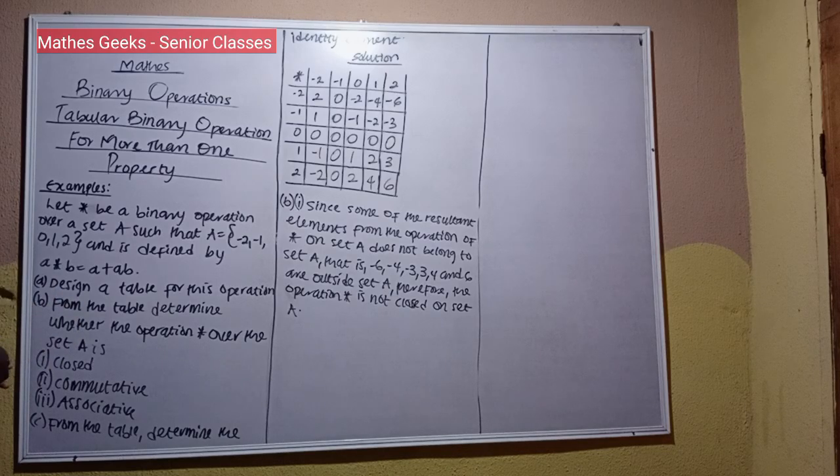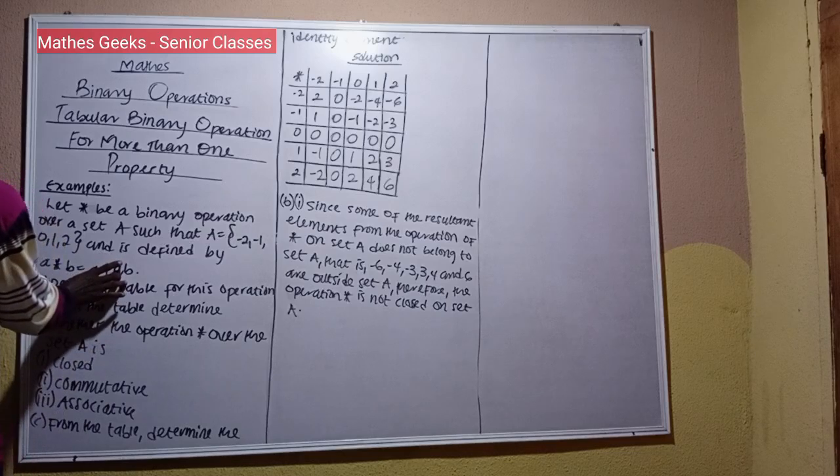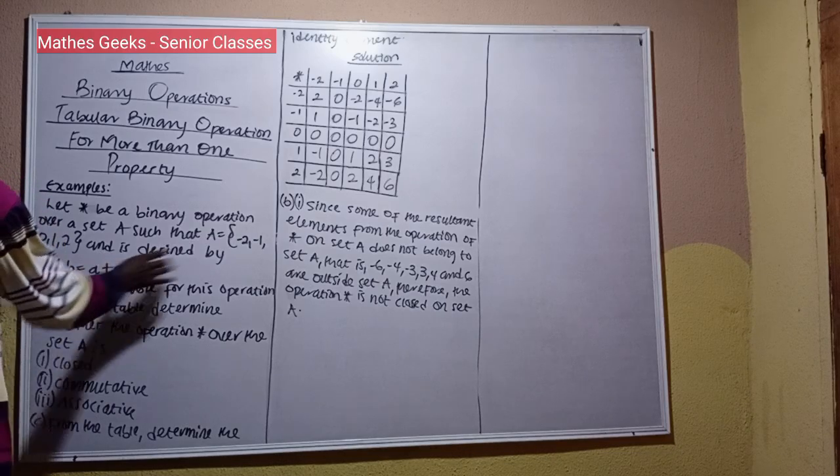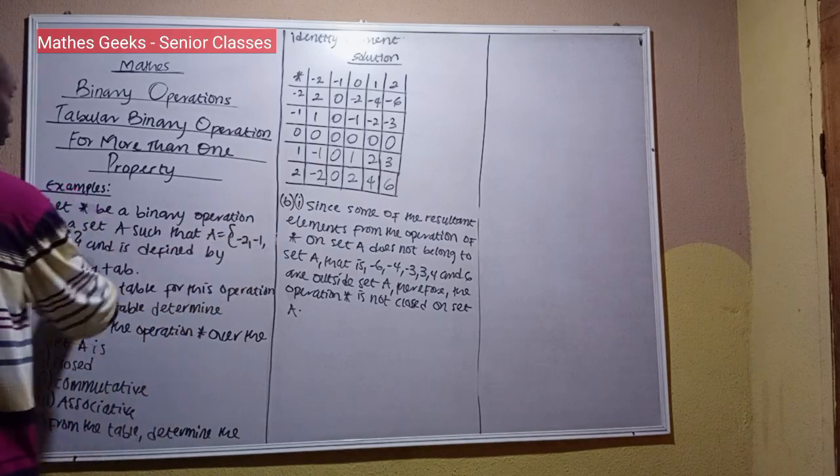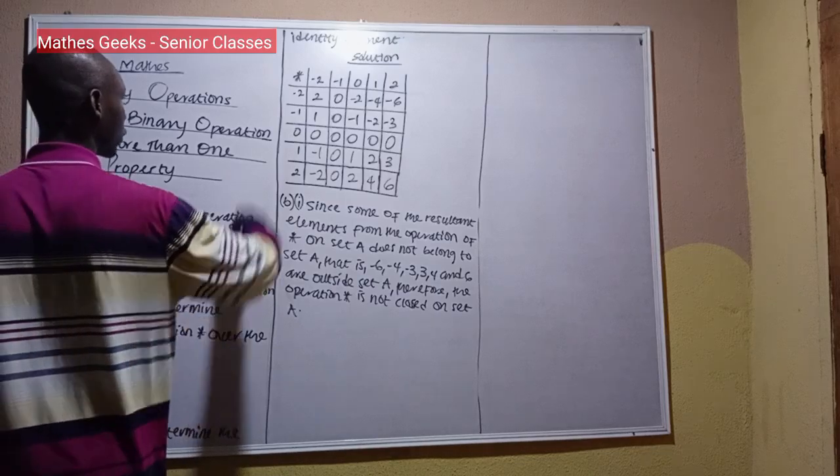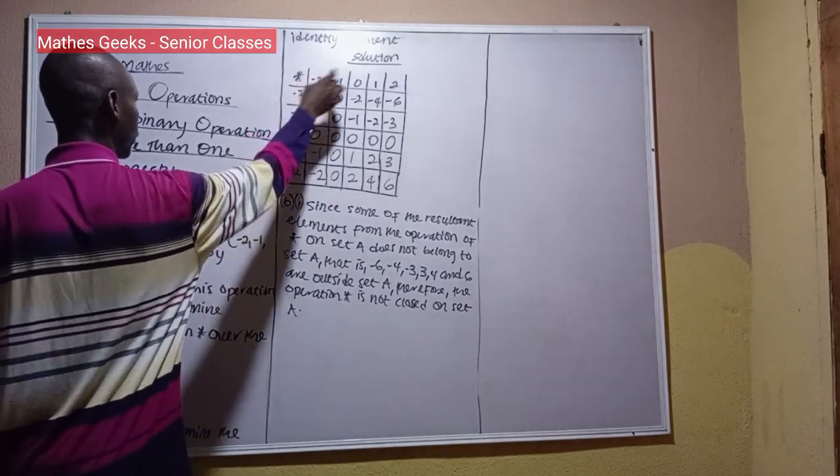So in this case, remember that this binary operation was carried out on this set. So you can say -2 was combined with -2, -2 was combined with -1.